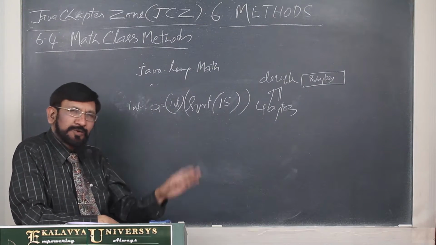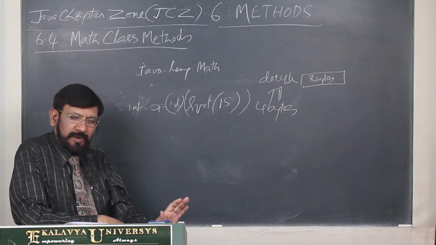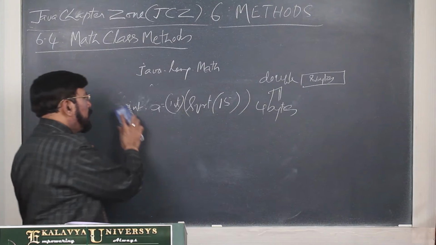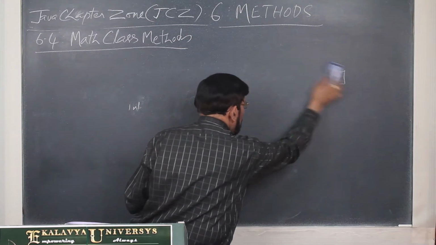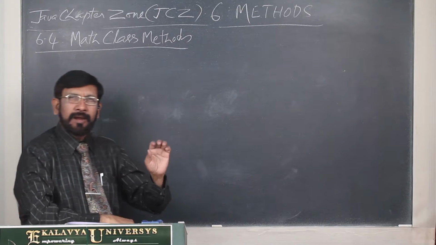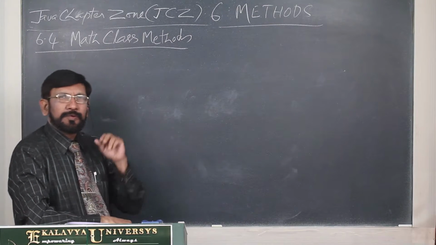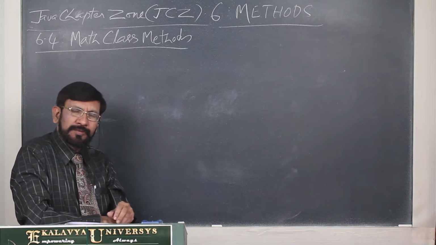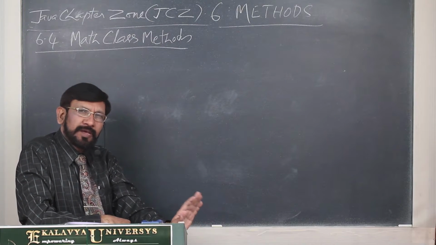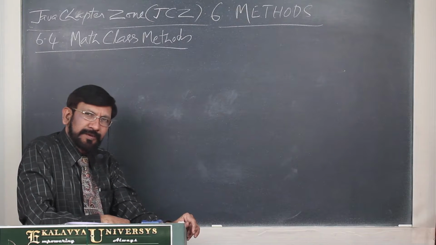Otherwise it leads to an error. You must be aware of this point. Always, all Math class methods are static methods, and they take double arguments. If you don't give a double type argument, it is automatically promoted to double, and only then is the evaluation made.